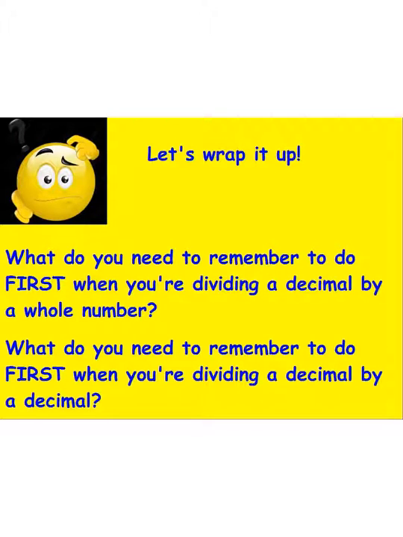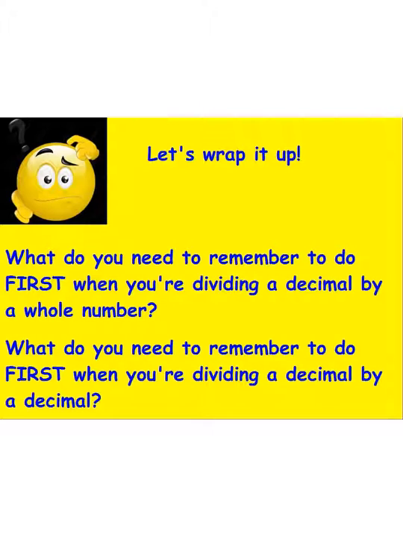Okay, so just as a quick wrap up, I want you to go back and remember that the first thing you have to do when you divide a decimal by a whole number is, and I hope you just said, bring that baby up, and then you divide just as normal.